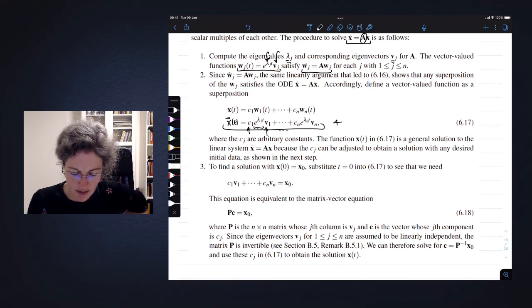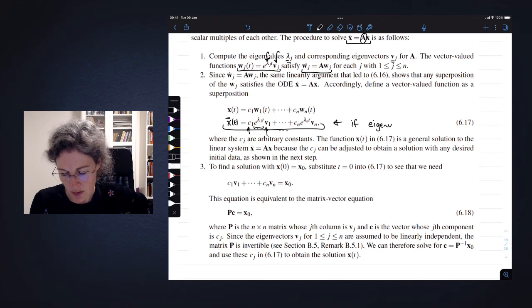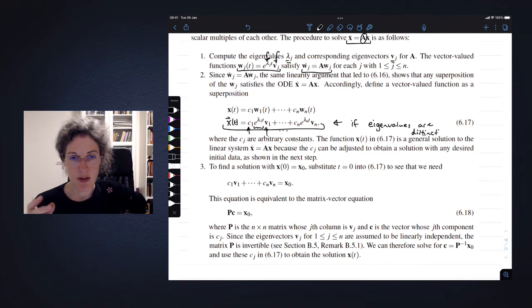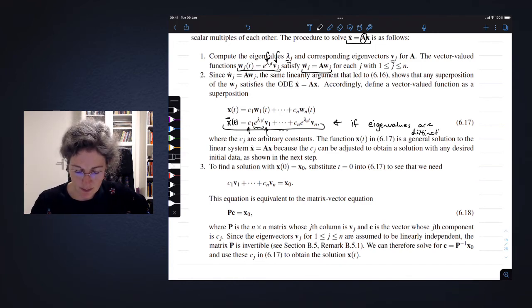This is the case if your eigenvalues are distinct. So you can imagine, just like we had the case for repeated roots when we're looking at single differential equations, we had a different thing happening there, and the same thing happens here. If your eigenvalues are the same, then we need to do something different. So everything here is if our eigenvalues are distinct.